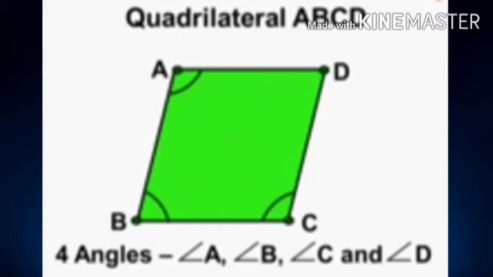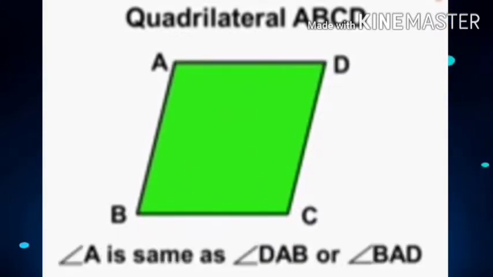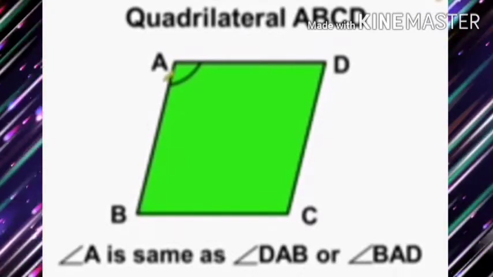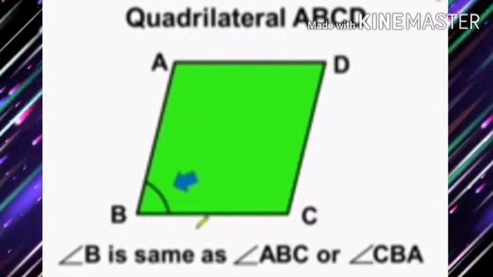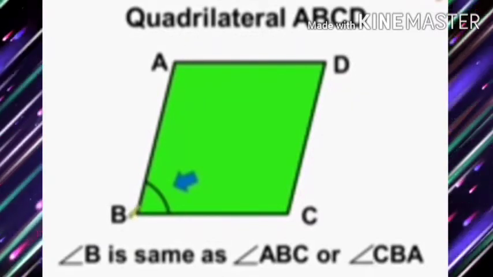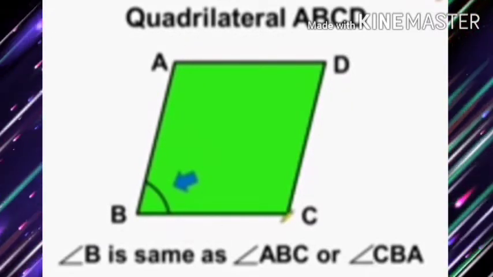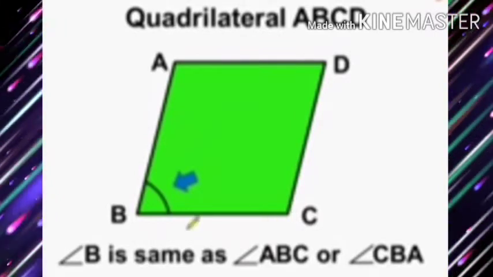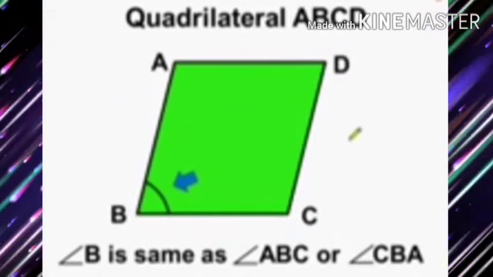And do you know that we can name the angles in different ways? Angle A is same as angle DAB and angle BAD. Similarly, angle B is same as angle ABC or angle CBA.